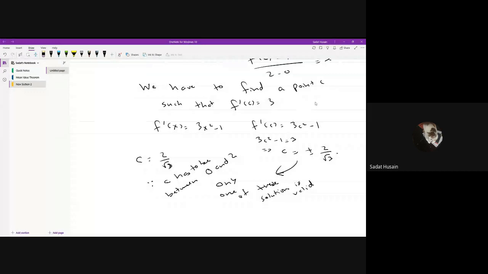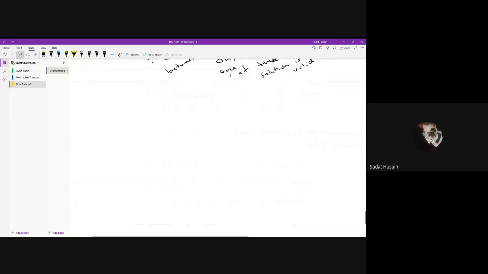So let's look at example 4. Again, same book, same page, Stewart's Calculus, page 293.